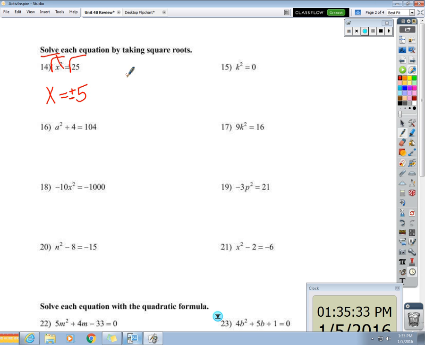Now let's talk about why. What is 5 squared? What's negative 5 squared? Positive 25, because that negative times that negative still becomes positive. That's why both answers are right. That's why you have to put a plus or minus. Okay, number 16, what would I do first?